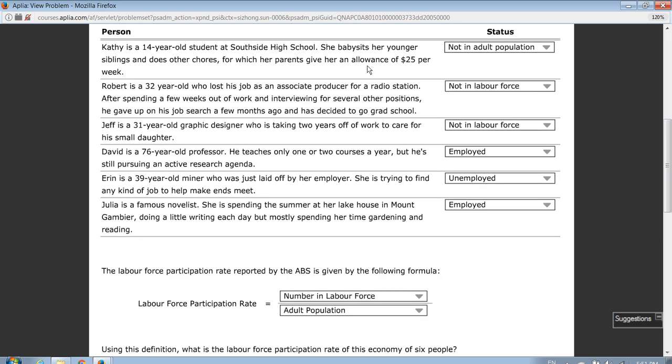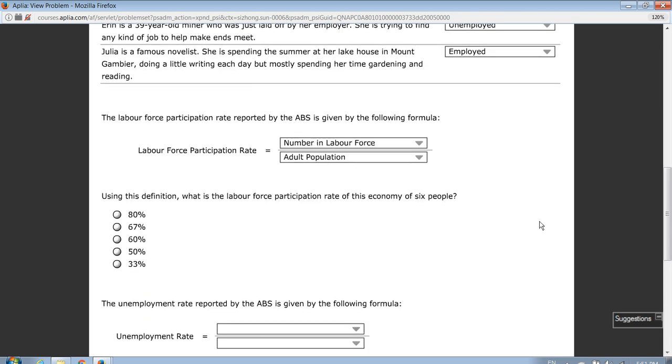Out of these 5 persons, 3 persons are in the labor force, so that's 60%.